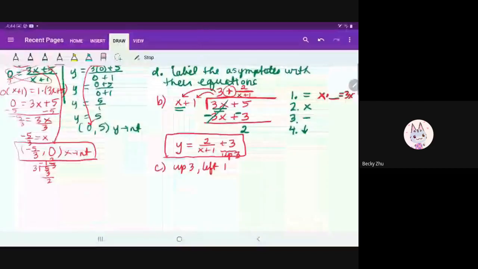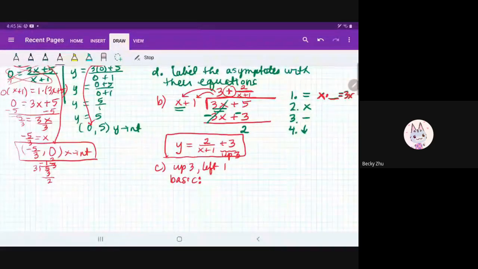And this is the tricky part. What is the basic equation? What do you think? What's the basic equation? Yes, exactly. 2 over x. Exactly. Perfect. So the basic equation is 2 over x.